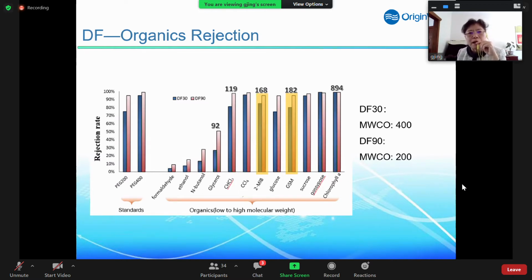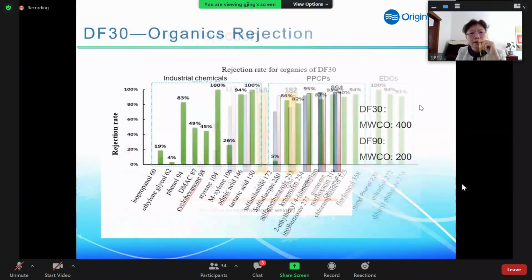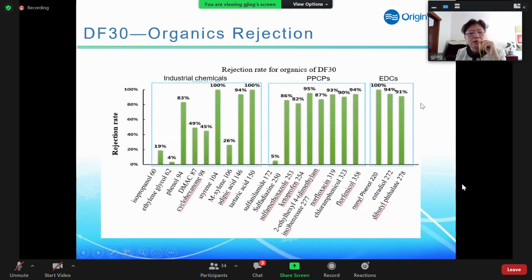Once we apply the nanofiltration membrane for different purposes, we do some laboratory experiments and see which one is more suitable for those applications. This result only covers DF30.